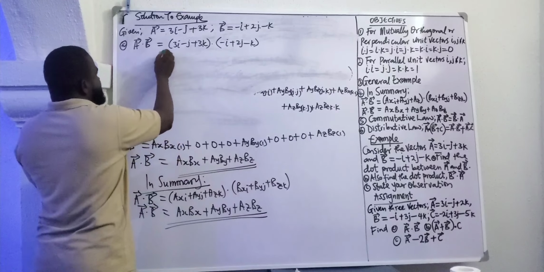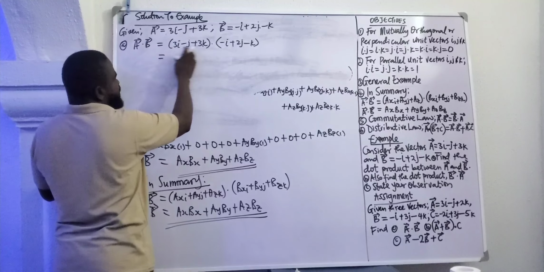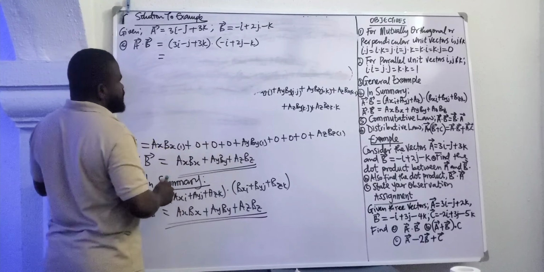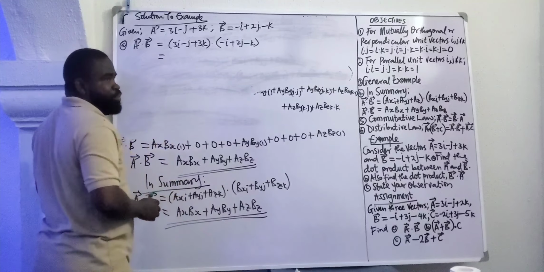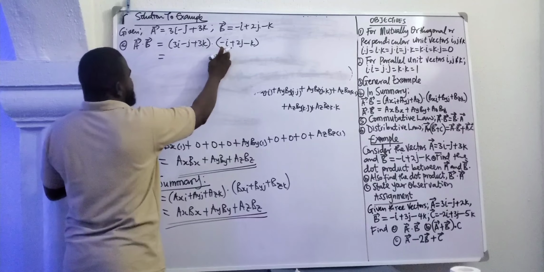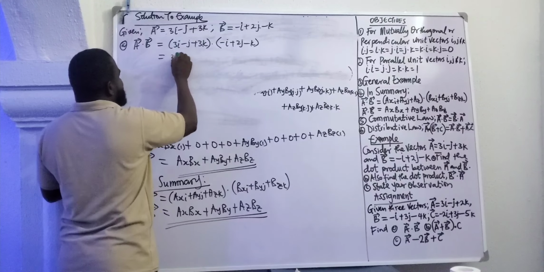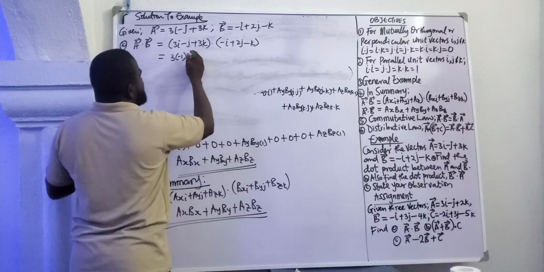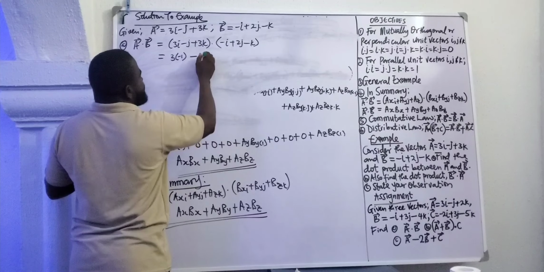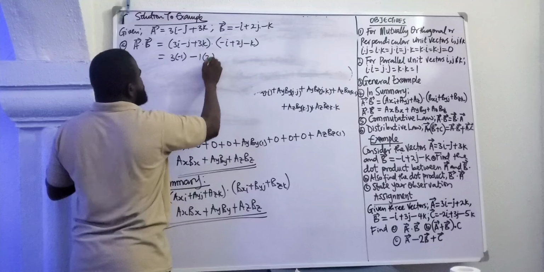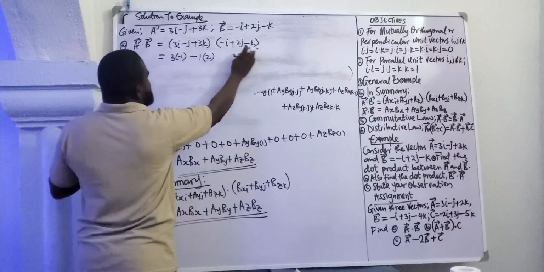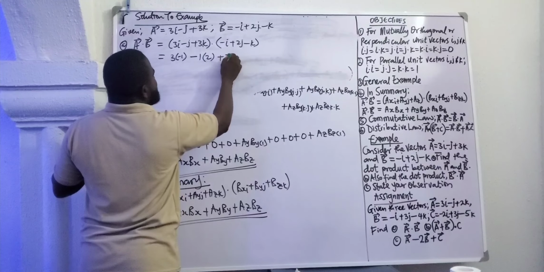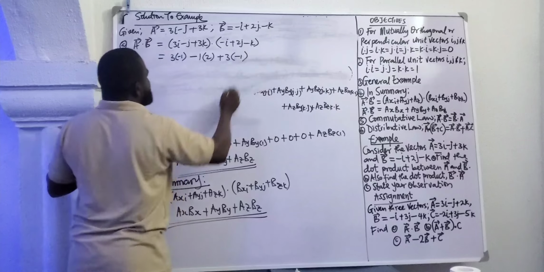Like I said, in this case, I will just multiply 3 by minus 1, being the component of i here and i here. That gives me 3 times minus 1. And then I will do j to j. This is minus 1 multiplying 2. And then I do k to k, giving me 3 multiplying minus 1.